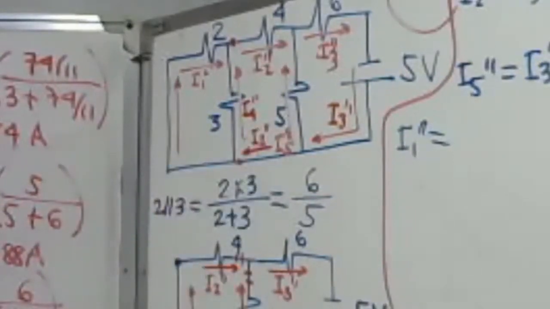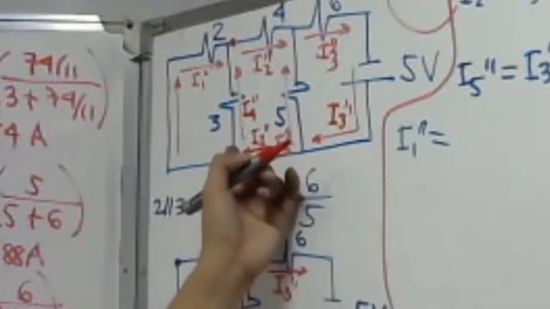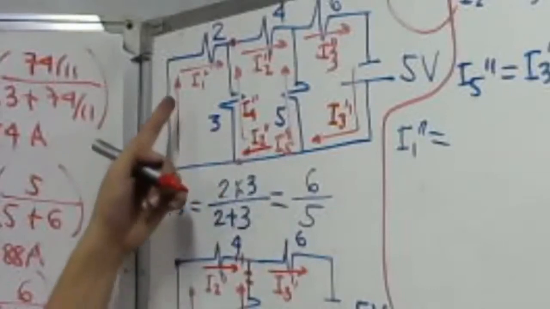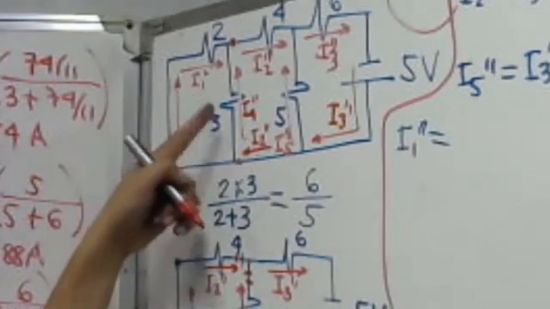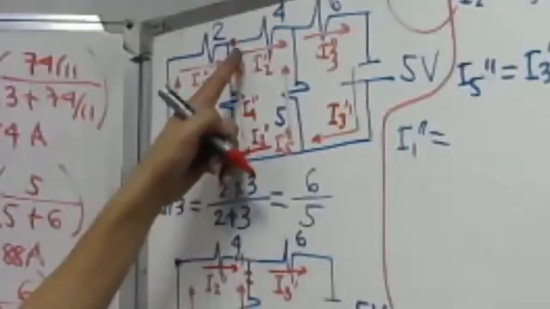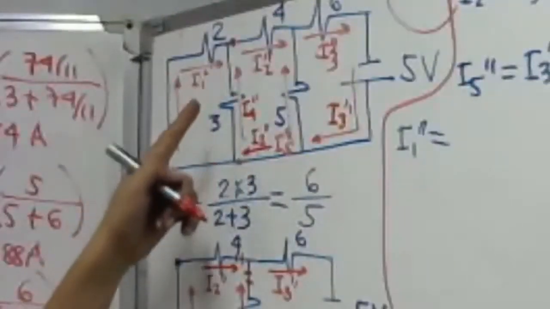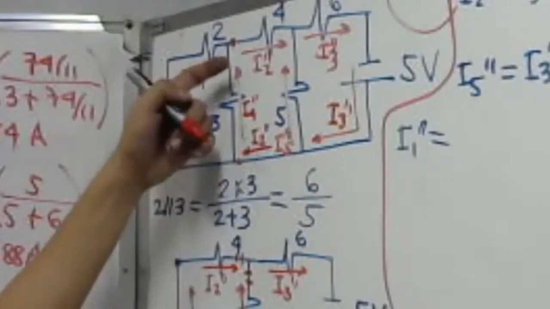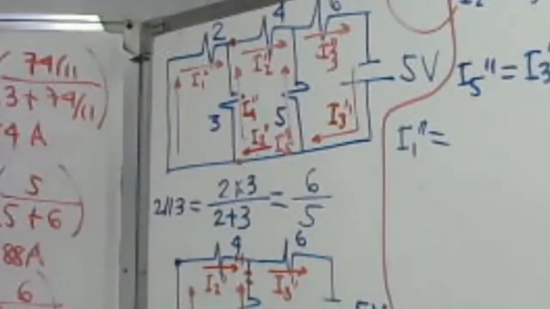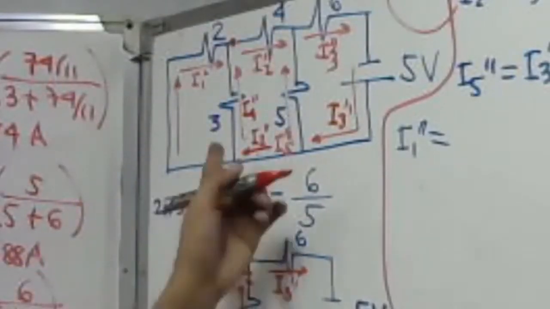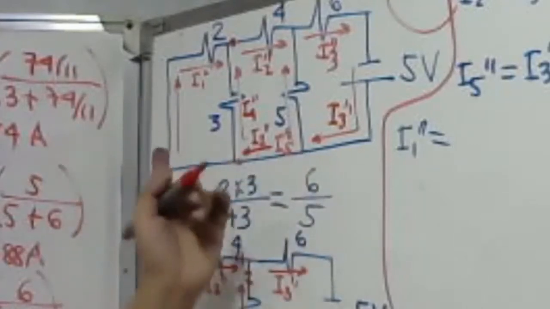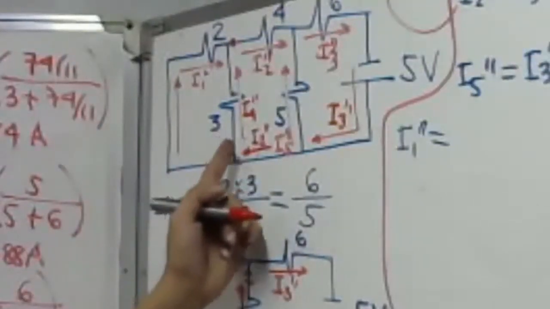So, this current is the resultant current of I1 double prime and I4 double prime. Just like here, this is I2. I1 plus I4 double prime is equal to I2 double prime. Or our I2 double prime is equal to I1 double prime plus I4 double prime.